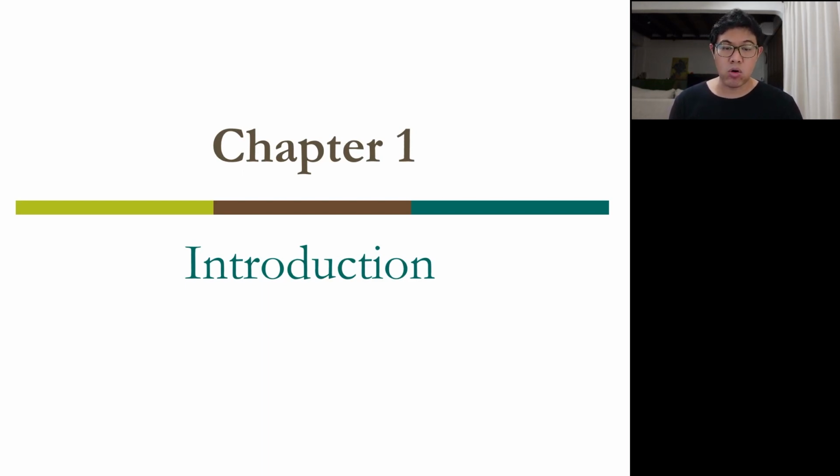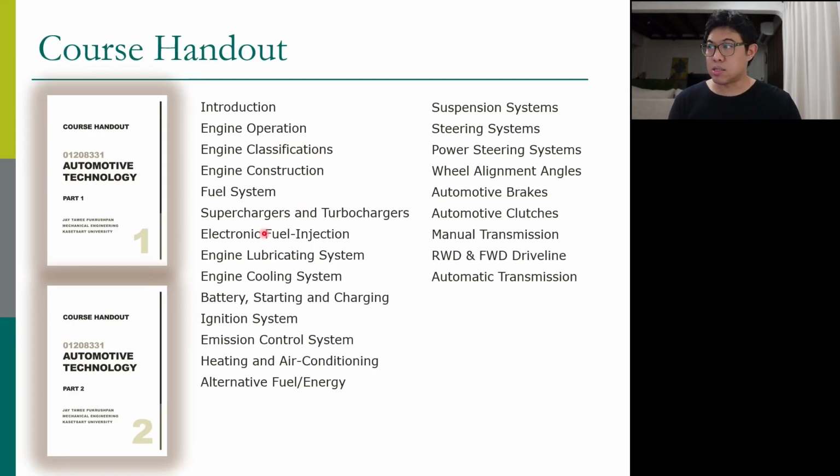This is a course on automotive technologies at Kasetsart University. The whole material is divided into two parts. The first one is the introductions and all the engine-related systems in the car.